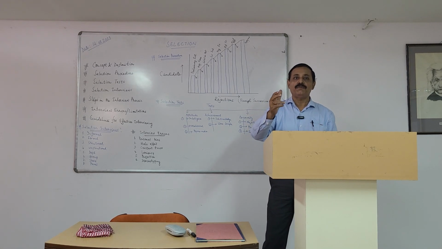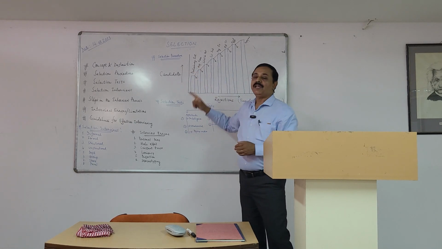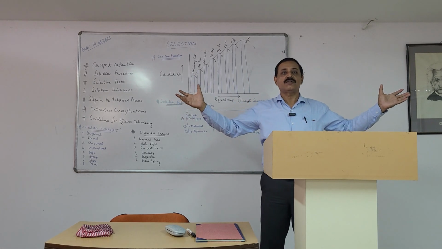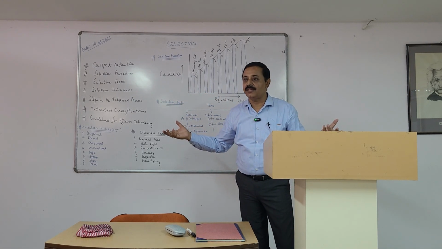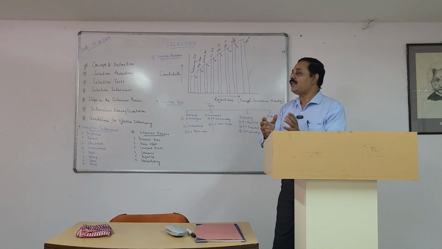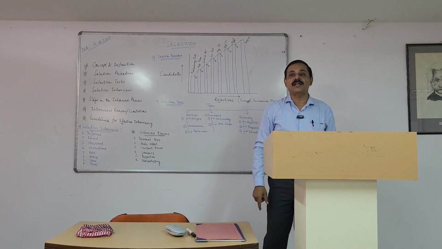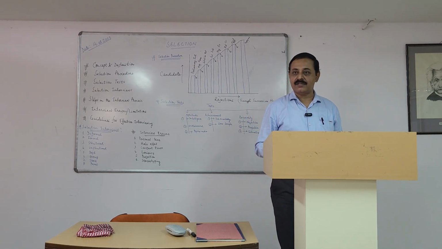If you find that in the application form there will be a huge rejection, ample rejection can take place at this stage, and hence the remaining ones are elevated to the next higher stage, rather they can go for selection tests.